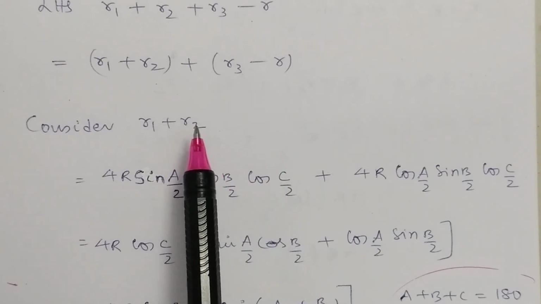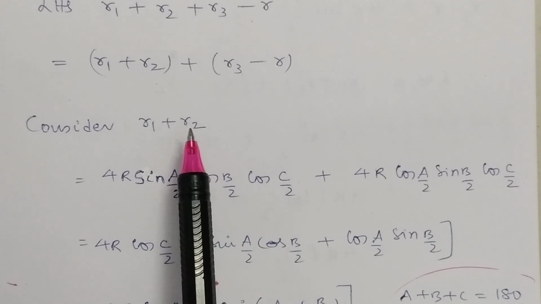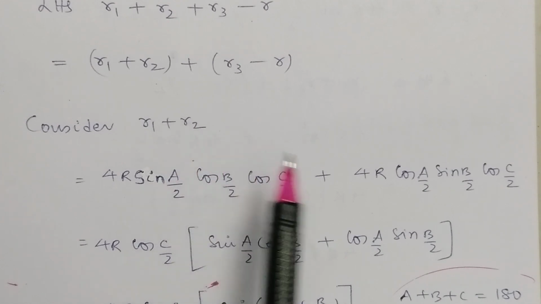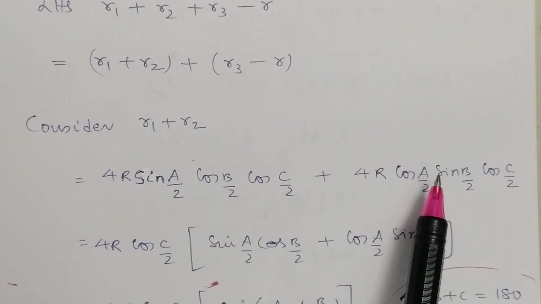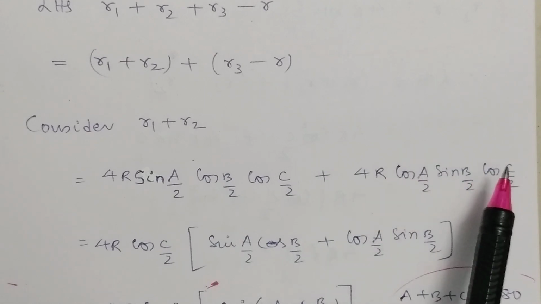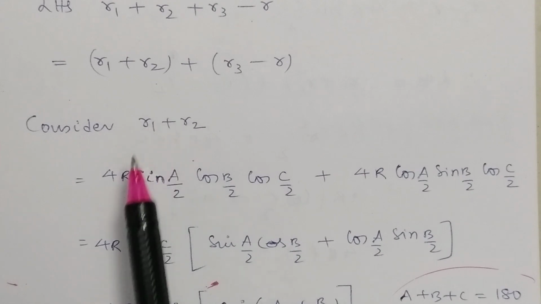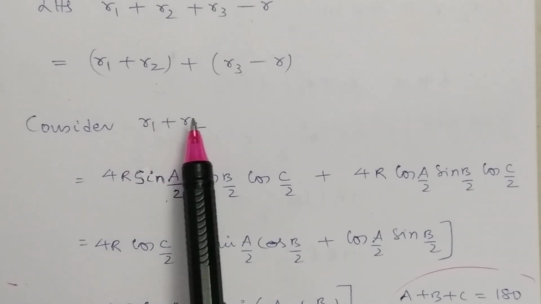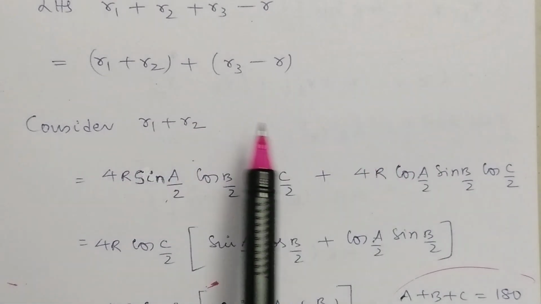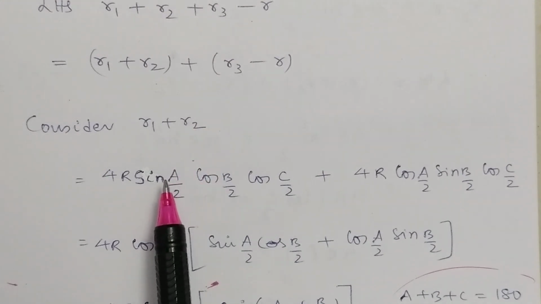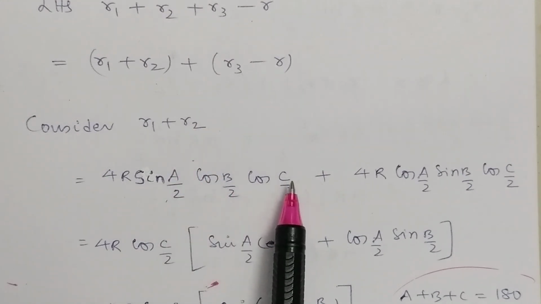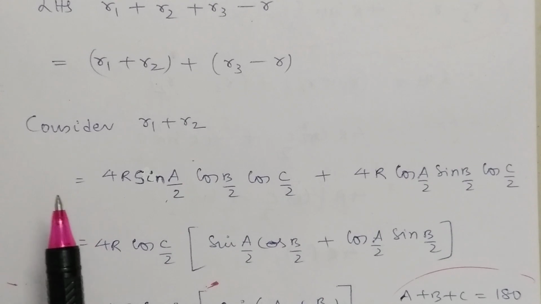If it is R2, R2 means B. So in R2, B by 2 is with sin, remaining 2 are in terms of cos, which means R1 is sin A by 2, R2 sin B by 2, remaining are in terms of cos. You can remember like that.